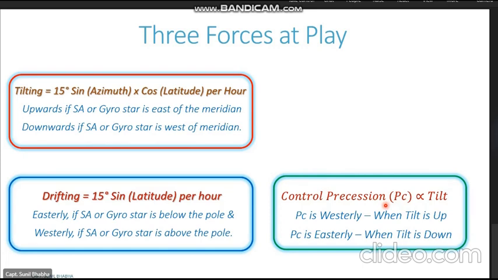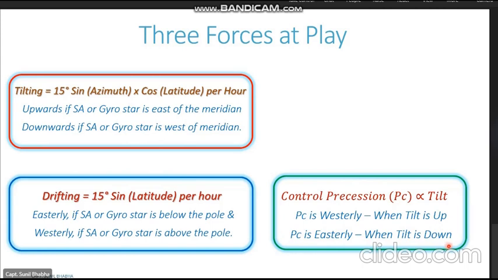And what is the direction of this control precession? The control precession is westerly when the tilt is up. Whenever the spin axis is tilted upwards above the horizon, the control precession will be westerly, and the control precession is easterly whenever the tilt is down.